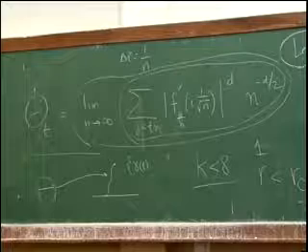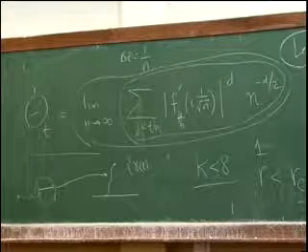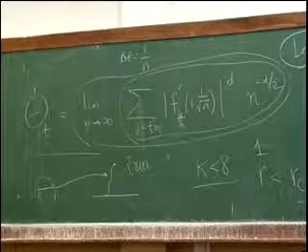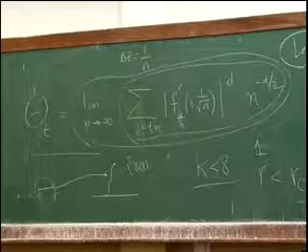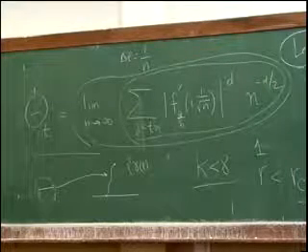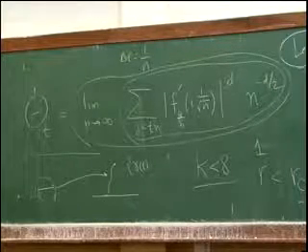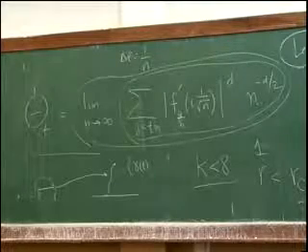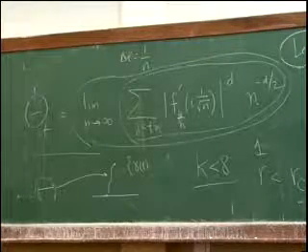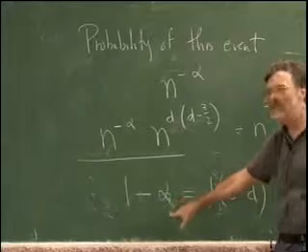So it's supported on those points, so where it's supported on this event. This event has probability n to the minus alpha. So the dimension of this set looks like n to the 1 minus alpha.